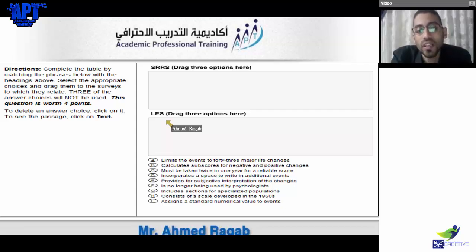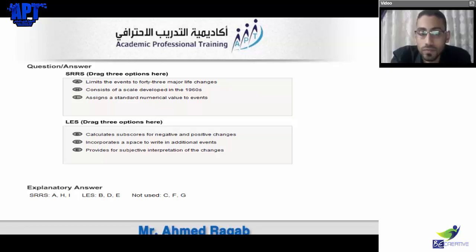Assigns a standard numerical value to events. I guess that's the missing one, so we put it with SRRS. Okay, so limits and consists, assigns, calculates, includes, and provides.